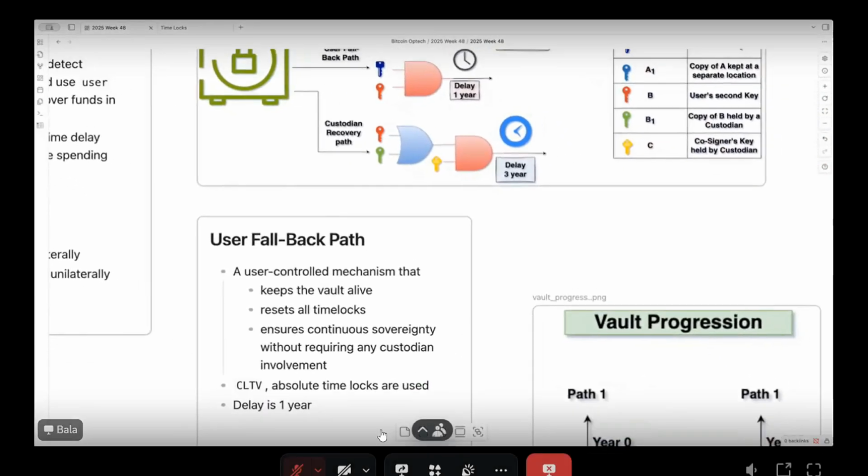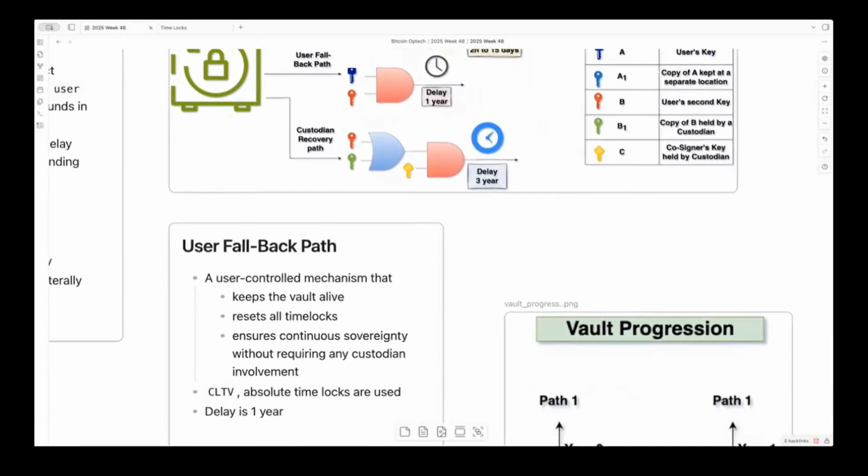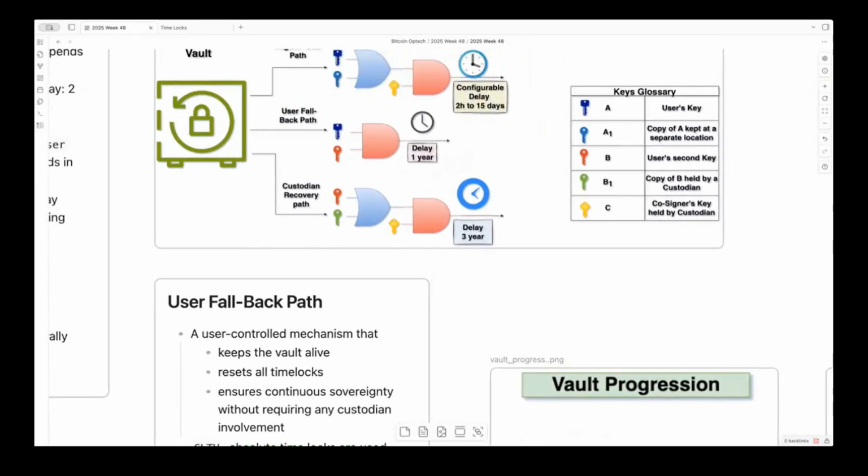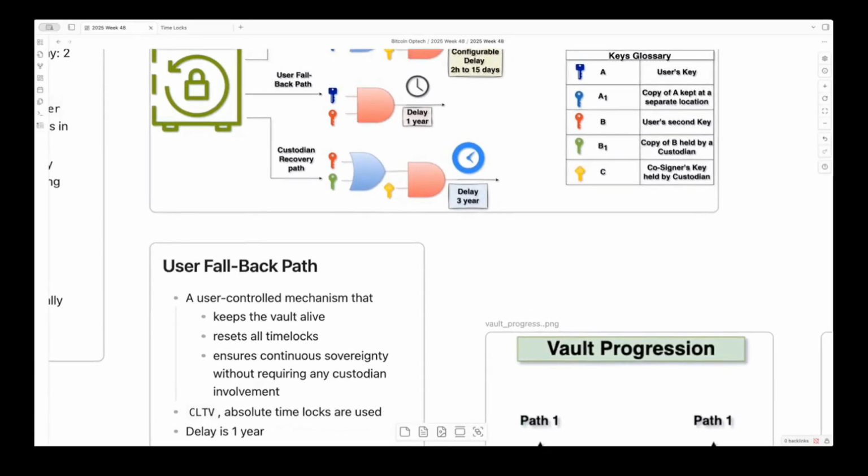Then the fallback path is a mechanism that exists for when you suspect a custodian has gone bad, or the custodian doesn't respond, he goes blank. Then you can, after a 1 year delay, which is hard coded in the vault while creating the vault itself, use your two keys to spend along this path.